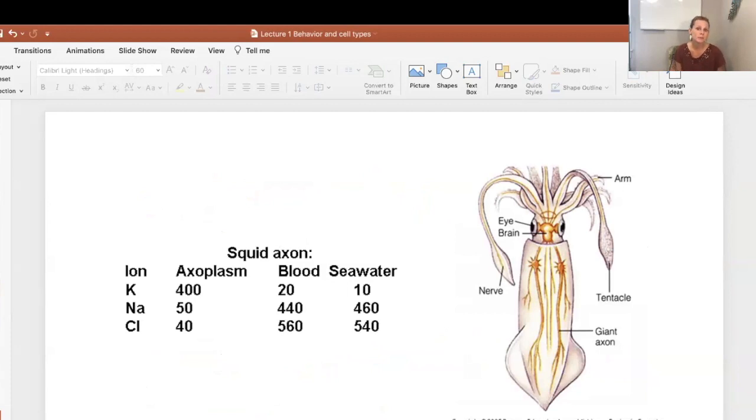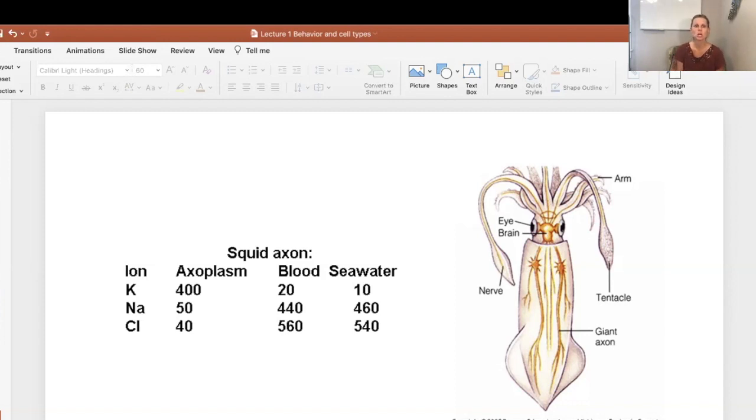Normal blood is going to be 440, and seawater is high as well. And chloride you can see is normally kept low inside the axon and higher in a regular situation. So in the axoplasm, you have high levels of potassium and low levels of sodium and chloride.